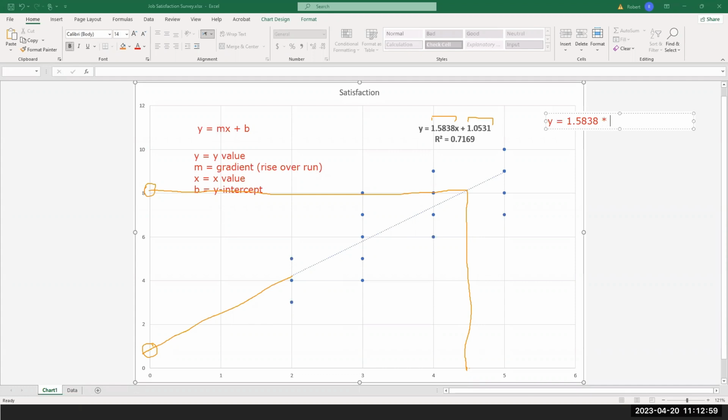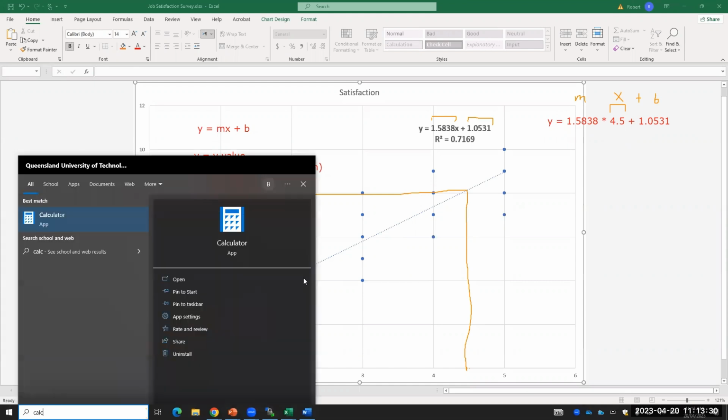The x value is 4.5, plus 1.0531. So I just wrote the calculation here. If we know the x value, this is the x value, this is b, and this is m, y equals mx plus b, or m times x plus b. Let's put this in a calculator and see what we get.